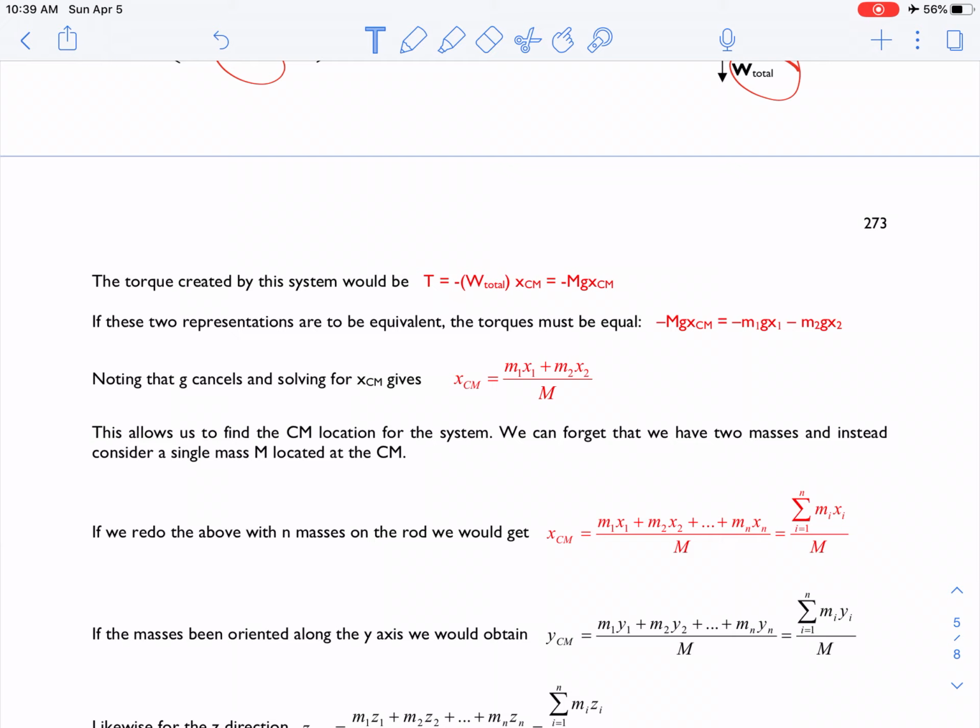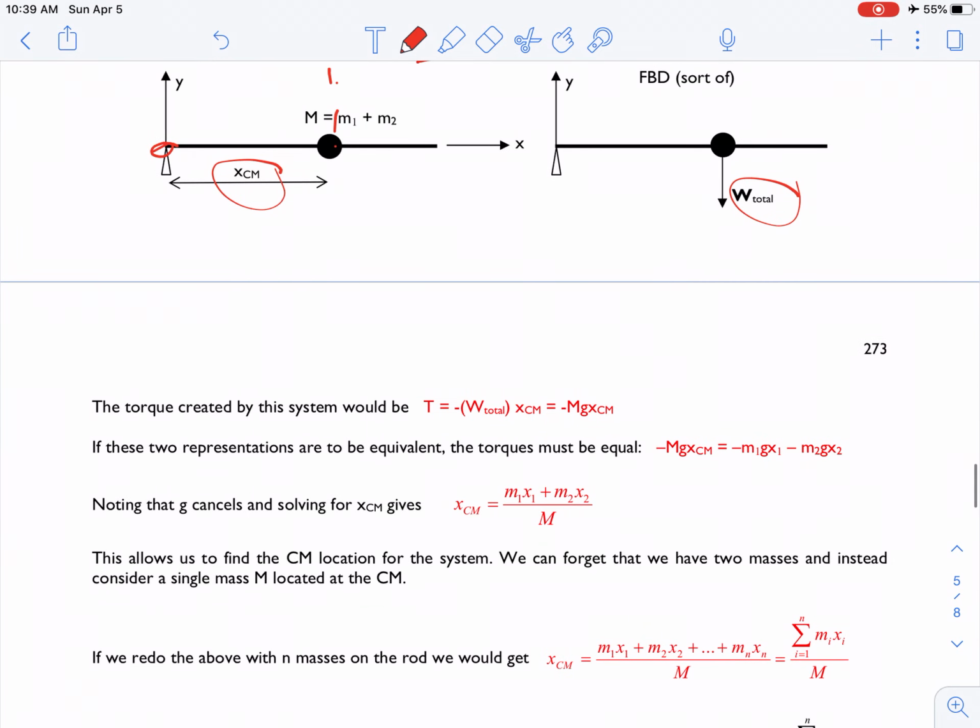And now, instead of having separate two terms, we have one term, the weight force times the center of mass x. That's the distance from the pivot point to the force point. So it's right here, from here to there. This is x center of mass. This was the pivot. Again, that's important. And this is our force point. And it is once again negative because this is also rotating clockwise.